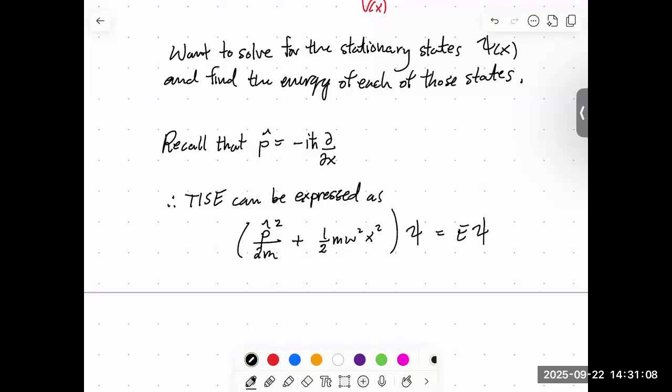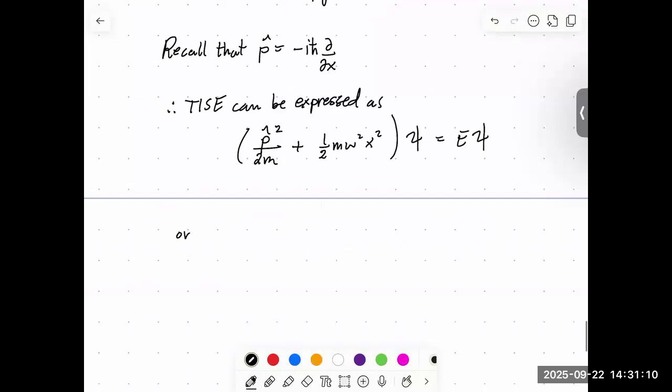All right. Or if we want to write this a little more nicely, I'm going to pull out a 1 over 2m. And so we end up with a p hat squared plus, let's see, I pulled out the 1/2. I pulled out an m in the denominator, so this becomes an m squared.